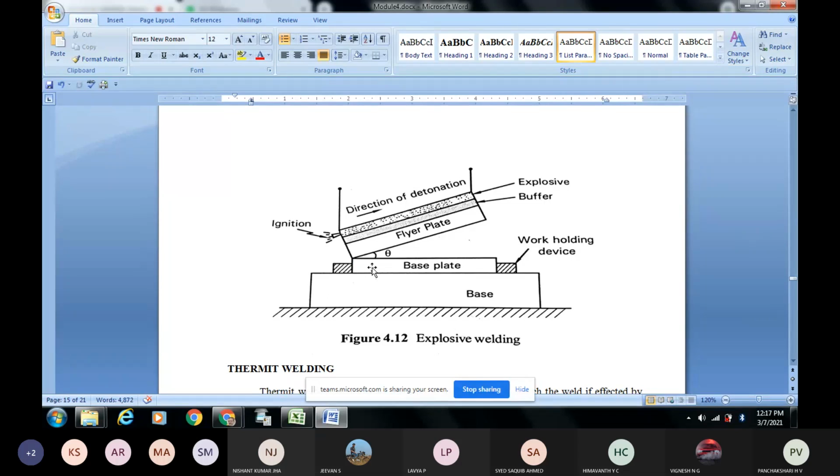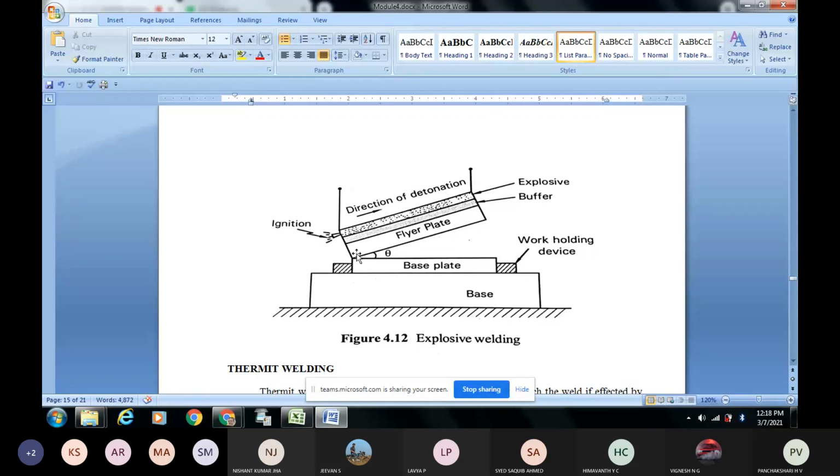For that bonding purpose, we use another material, an expensive, non-corrosive material. So we make the flyer plate inclined at some angle, a line of detonator is arranged above it, and it is ignited.